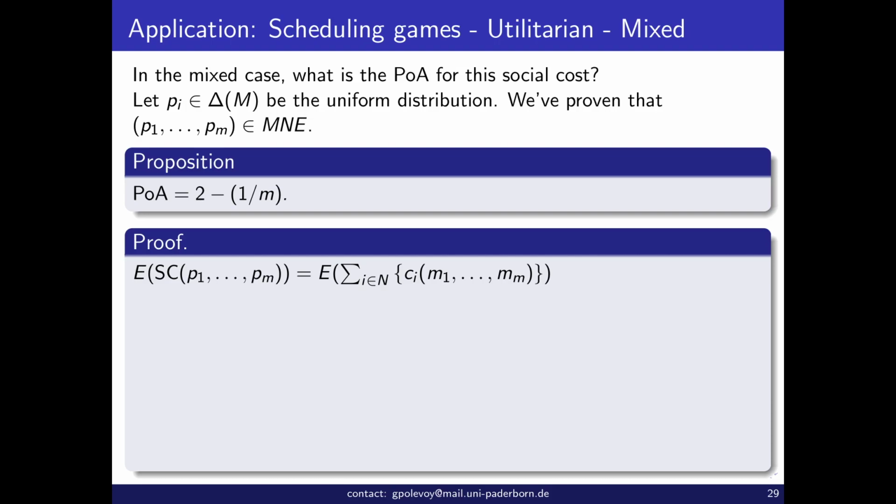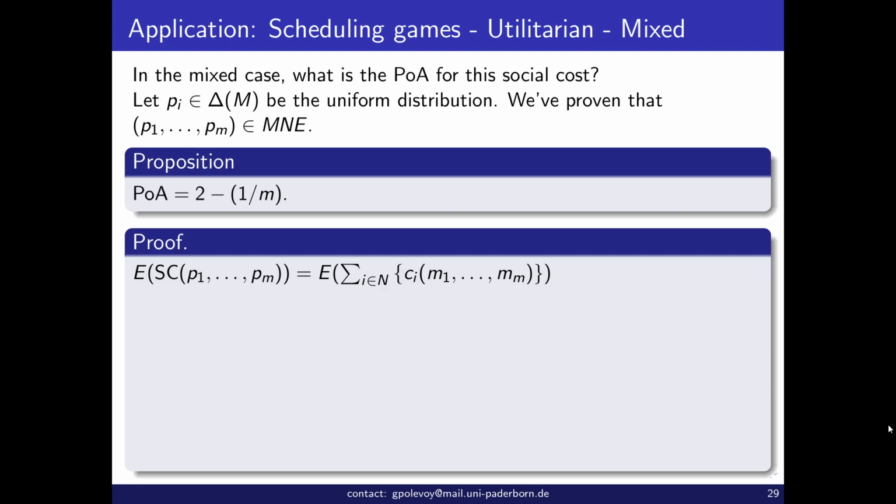Now, using that and some other things, we are now going to prove that the price of anarchy, given the utilitarian cost and the mixed Nash equilibrium, is exactly 2 minus 1 over m.